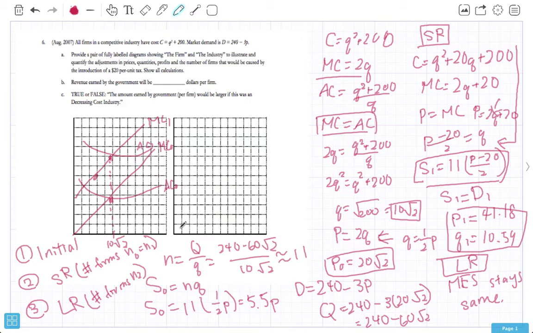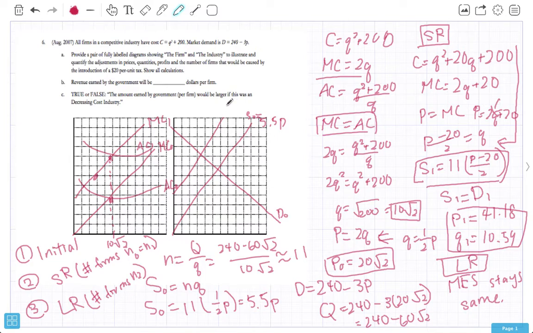And then you would have a supply curve. Initially, it was 5.5p, right? When you calculate it here, S0. And then you would have a given demand curve, which is 240 minus 3p. And then you would have a new supply curve going this way for the short run.